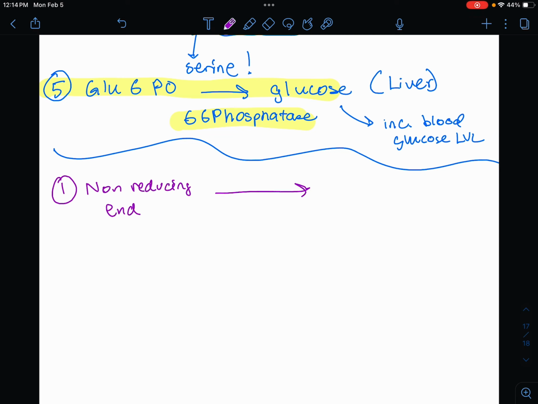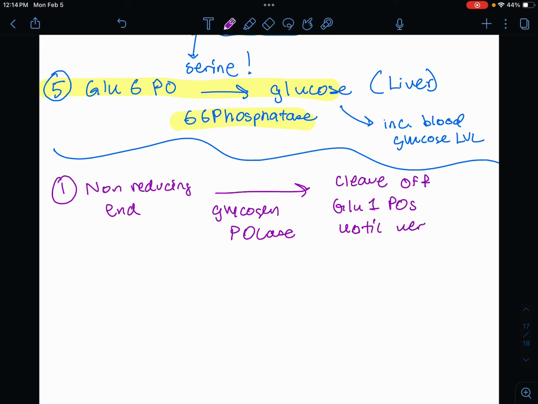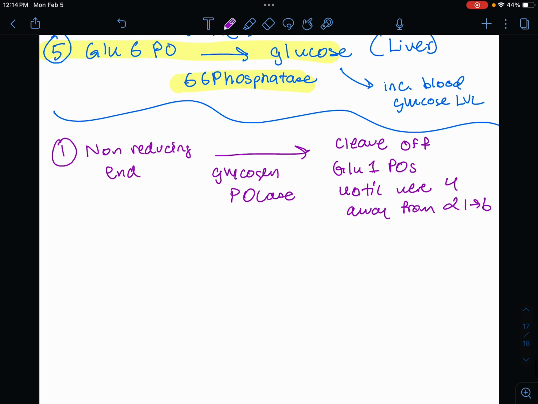And it's going to be worked on by the glycogen phosphorylase. And we're going to cleave off the glucose 1-phosphates until we are 4 away from that alpha 1-6 branch. Right, so that was step 1, right?